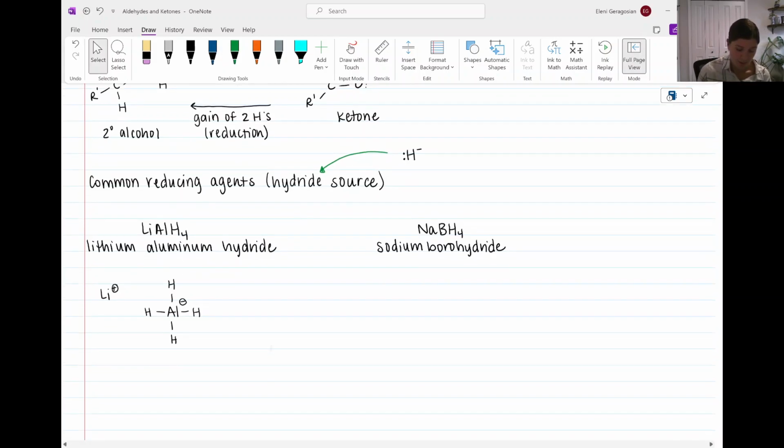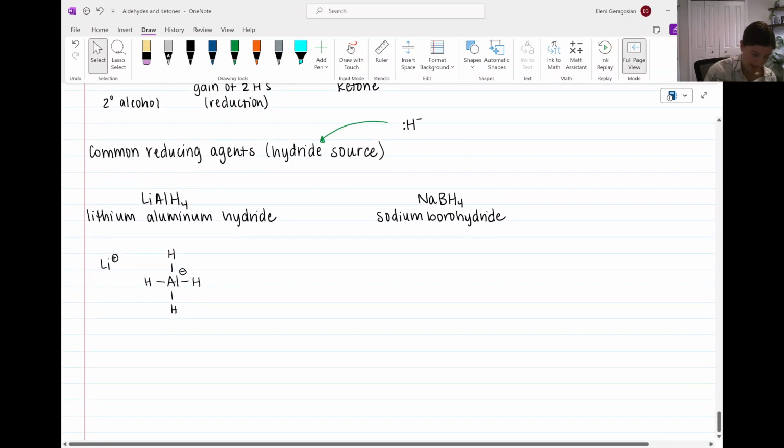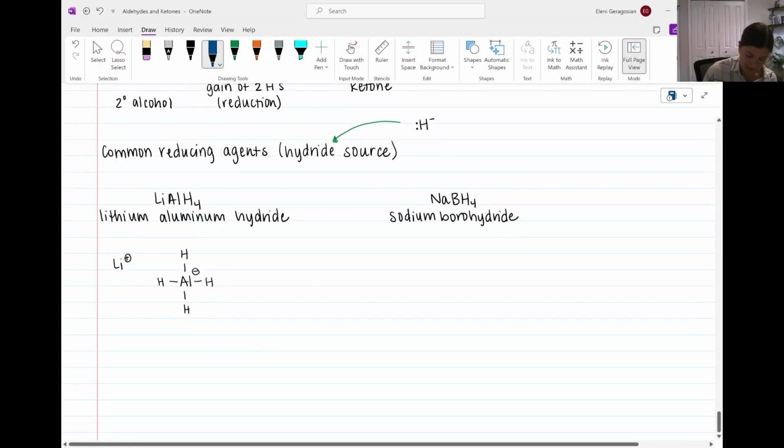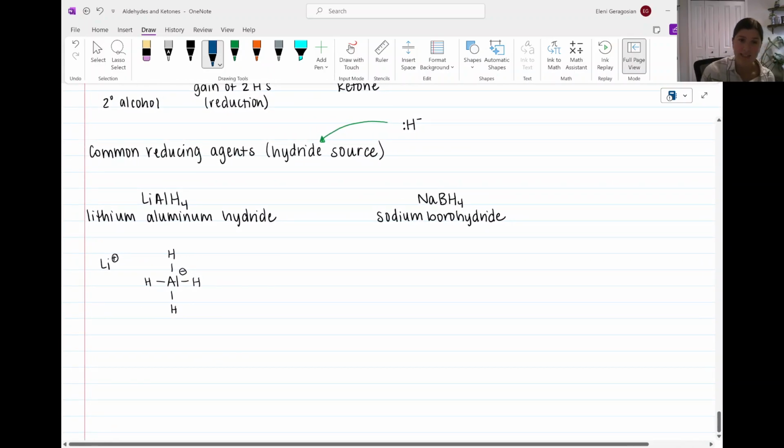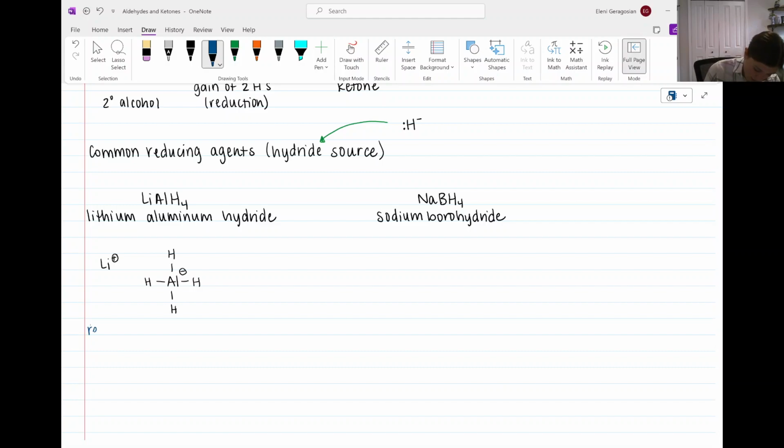So lithium aluminum hydride actually reacts as if one of the hydrogens and its electrons were not bonded to the aluminum. So we have a hydride ion.